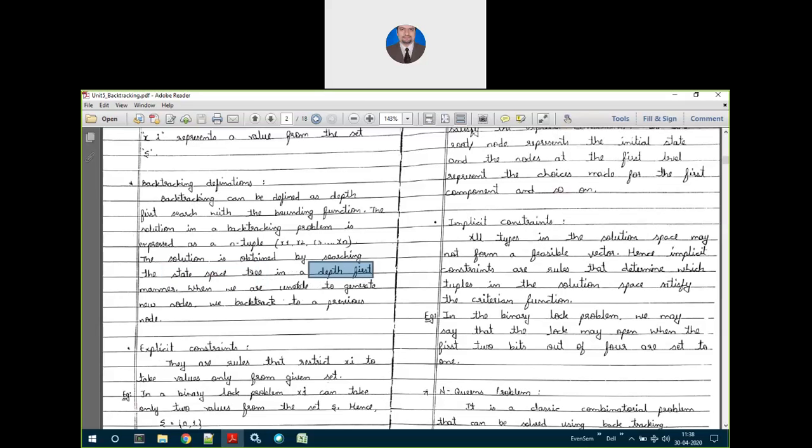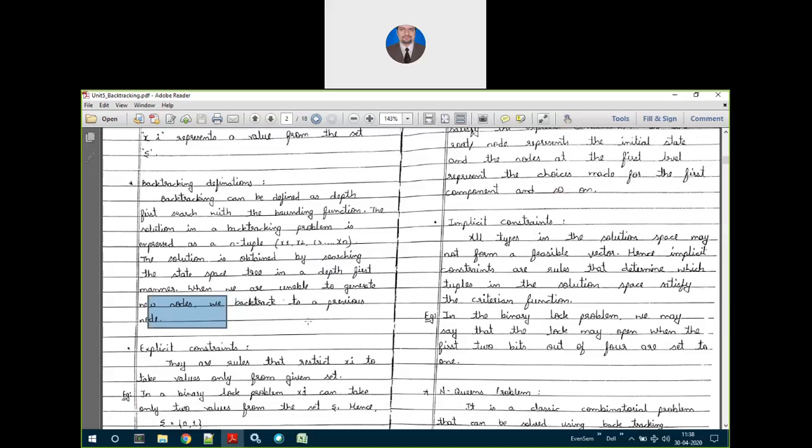We keep on drawing the state space tree from the top node, that is the root node, to the child nodes. At a certain position, if we cannot go in depth further to a particular node, then we will backtrack to the previous node.